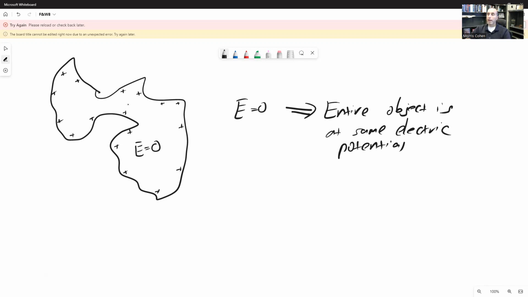And that makes sense because this is a perfect conductor, so it's got an infinite number of free carriers that can move around as they wish. If there is any change in potential from one place to another, then charges will immediately move in that direction. You're going to have a force, and the charges will keep going until it cancels out the electric field that you're trying to apply. It's a little bit like if you've got a mountainous territory and you're defining the potential as altitude.